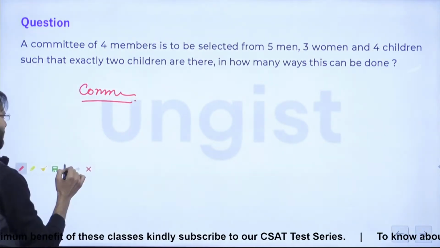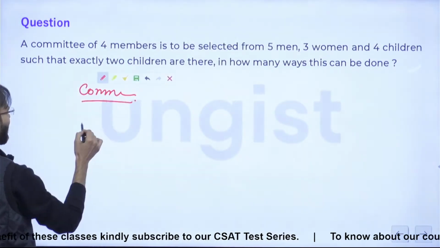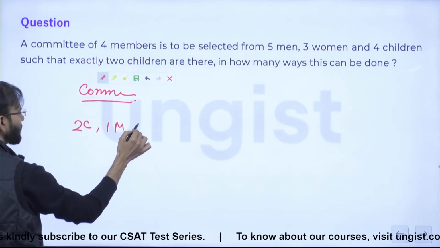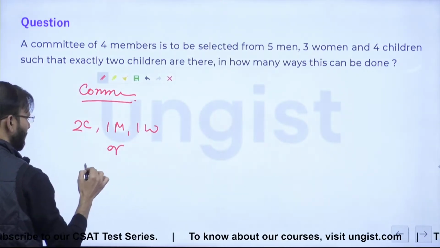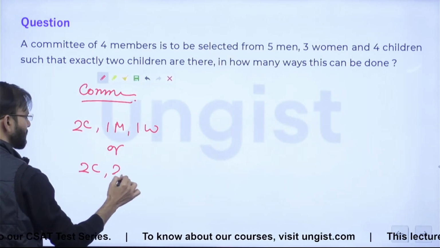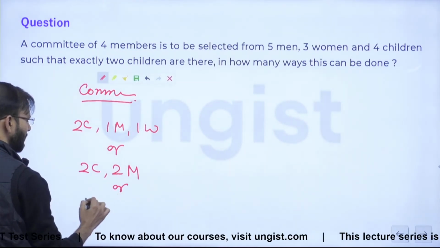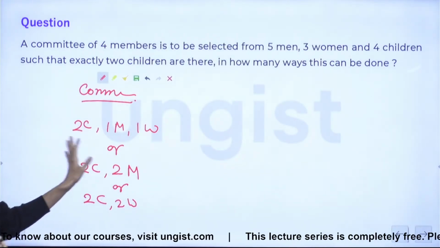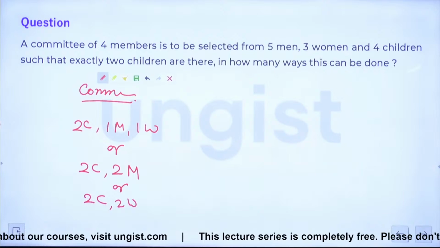A committee like this should be either 2 children, 1 man, 1 woman, or 2 children, 2 men, or 2 children, 2 women. The first thing can come to your mind like this, right?